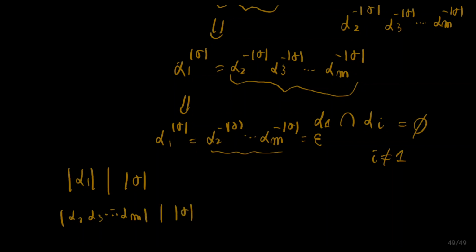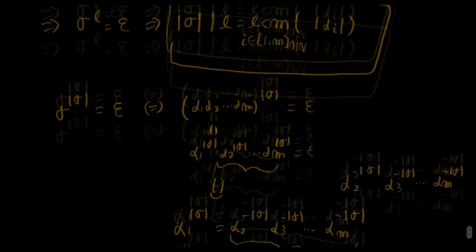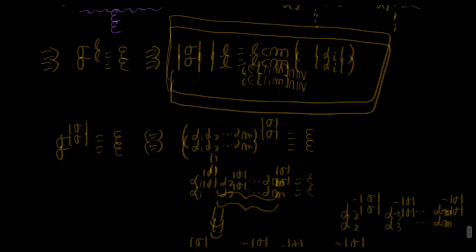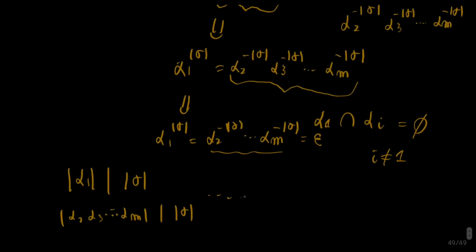And so now we basically need to proceed by induction. You have to repeat this process for this sub-permutation made up of m minus 1 cycles.